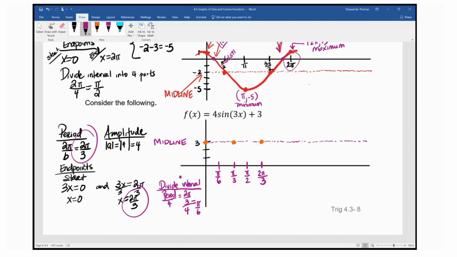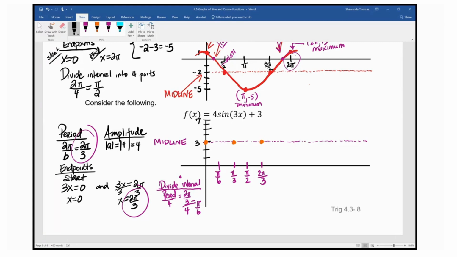Okay, now we need to know, because of this amplitude right here, that tells us from the midline 3, we're going to go up 4 units. Let me try to erase this. Go up 4 from 3. 1, 2, 3, 4. Where are we? 7.